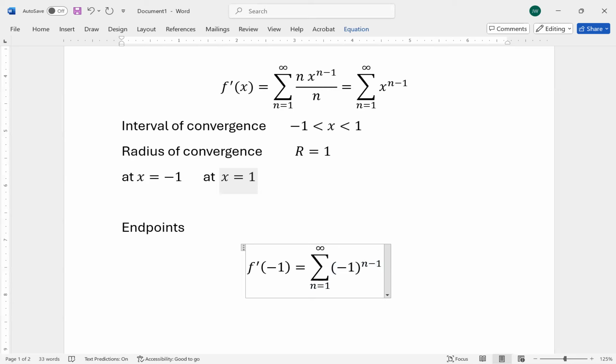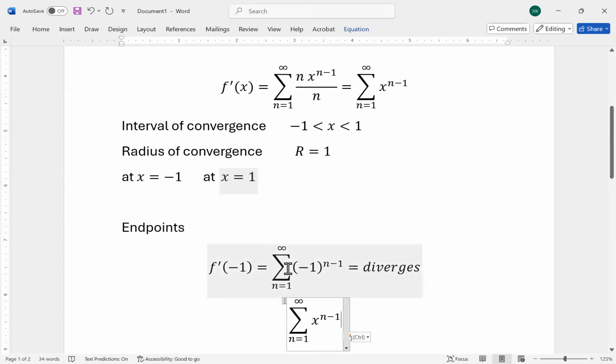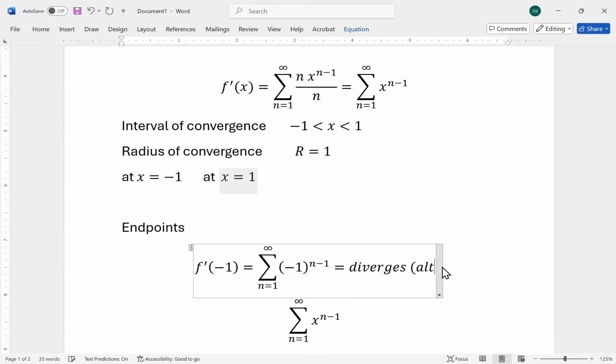This is an infinite series which diverges. And again, you could use the alternating series test to figure that out. The terms don't go to 0. So it's alternating, terms don't go to 0.